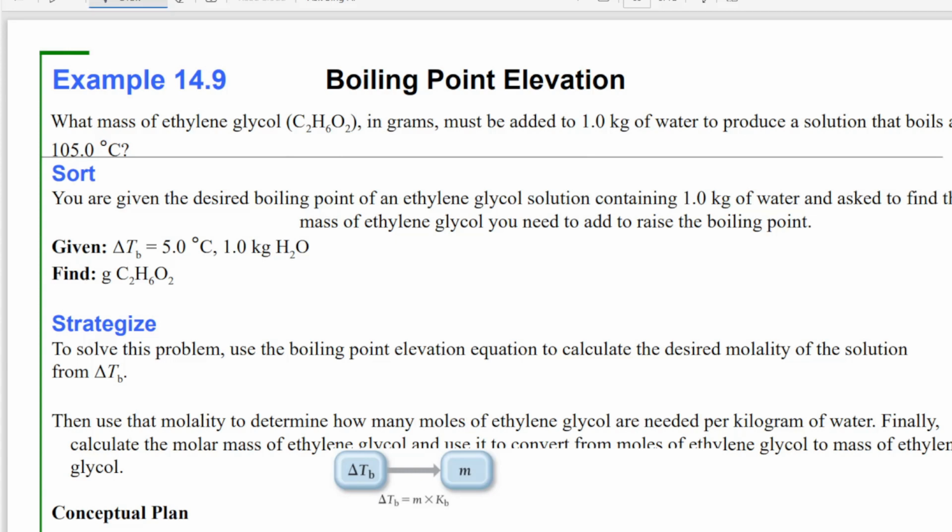So we want to change the boiling point. Our delta T_B is equal to 5.0 degrees C. And we know that we have 1 kilogram of water. We need to find the mass of the ethylene glycol.